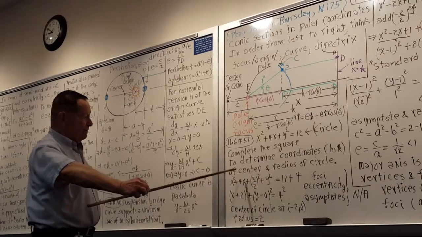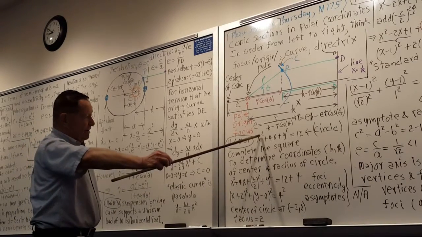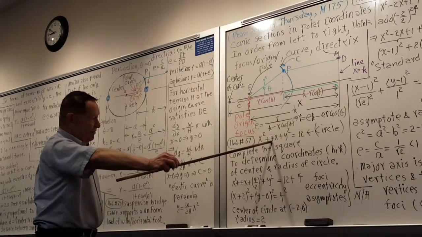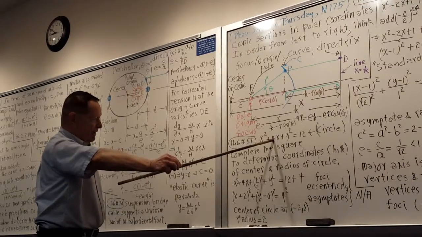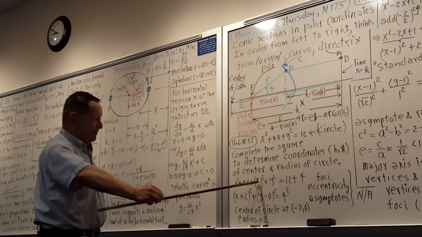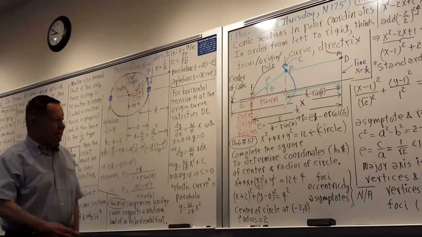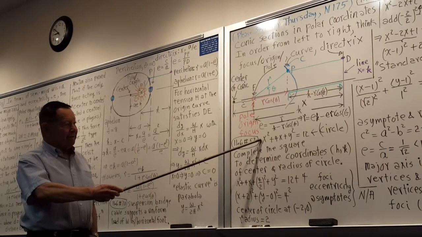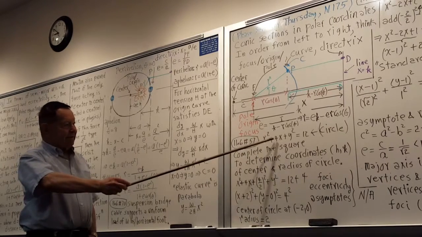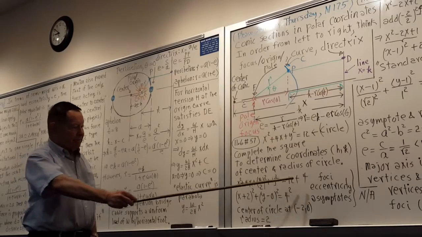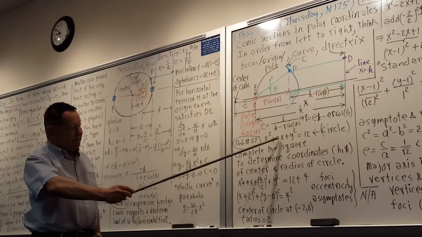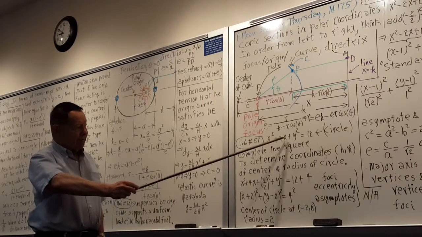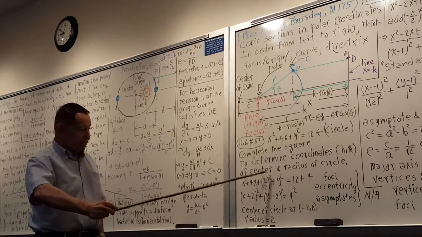So what you do when you have a square in a letter and a first power term in a letter, to complete the square, as it's called, if your coefficient on the square is a 1, then what you want to add to both sides is half of the coefficient of the first power letter, squared.